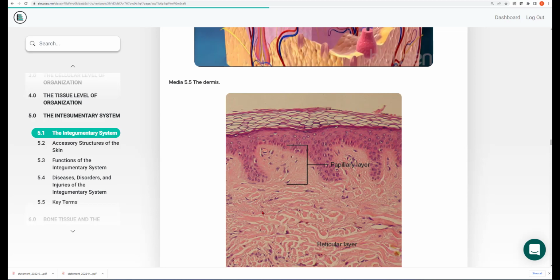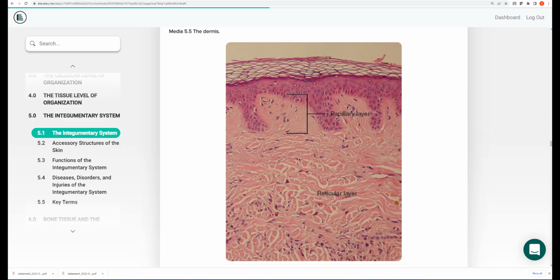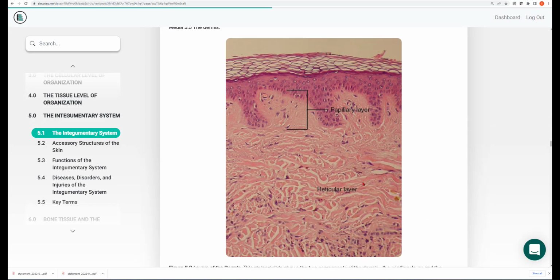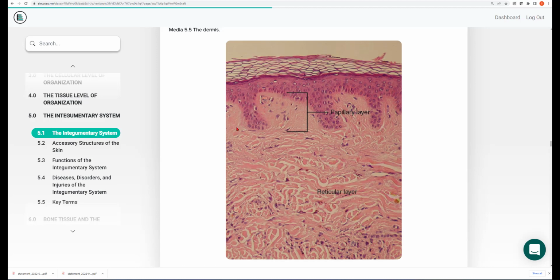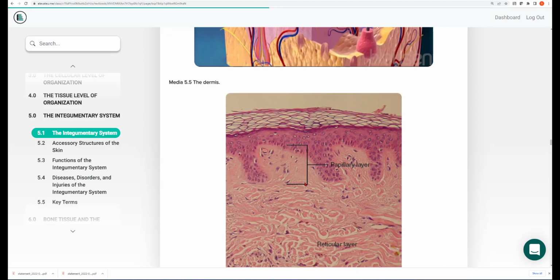Down here in the dermis, we have that swirly whirly look. This is that dense, irregular connective tissue. This particular micrograph is also pointing out that the dermis is composed of 2 layers. One, the more superficial layer, is the papillary layer.